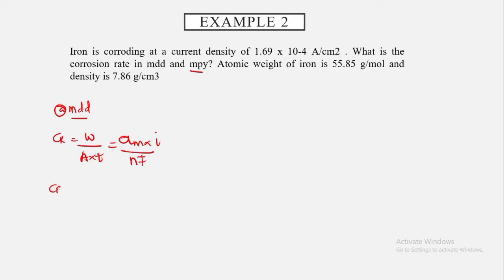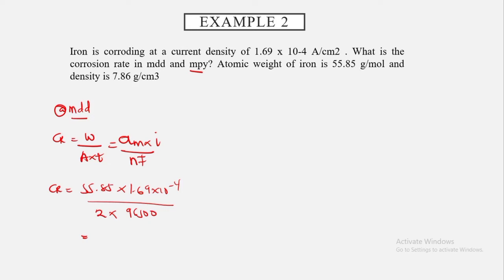The atomic mass was given to us at 55.85 times the corrosion current density, 1.69 times 10 exponent negative 4, all over the number of electrons transferred. You've done that balance, so it will be 2, times the Faraday constant, 96500. So when we do that, what are you getting? Let's use our calculator. 55.85 times 1.69 times 10 exponent negative 4 all over 2 times 96500.